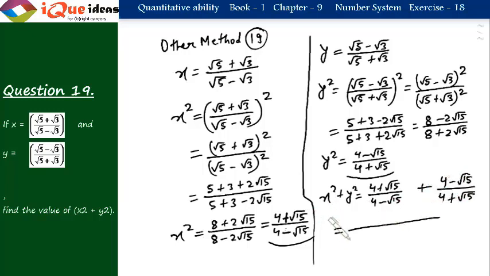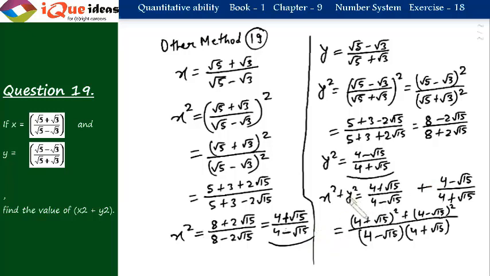Okay, so this will give us, in the denominator, 4 minus root 15 into 4 plus root 15, and in the numerator we will have 4 plus root 15 whole square on one side plus 4 minus root 15 whole square on the other side, right?